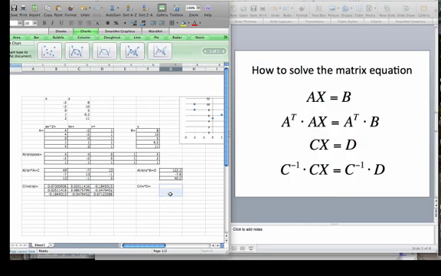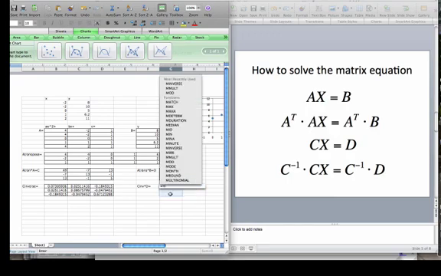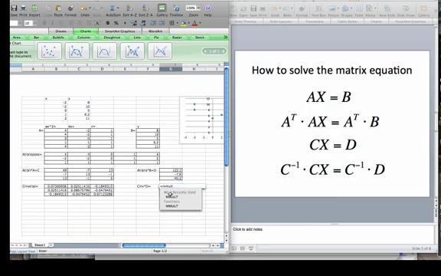Of course, a 3 by 3 multiplied by a 3 by 1 will give me a 3 by 1. Equals mmult, and I want to multiply C inverse times D, parenthesis, Control or Command Shift Enter, and box it.